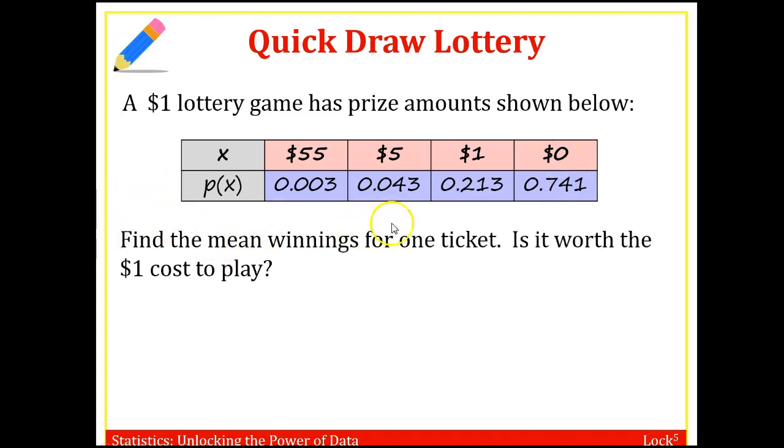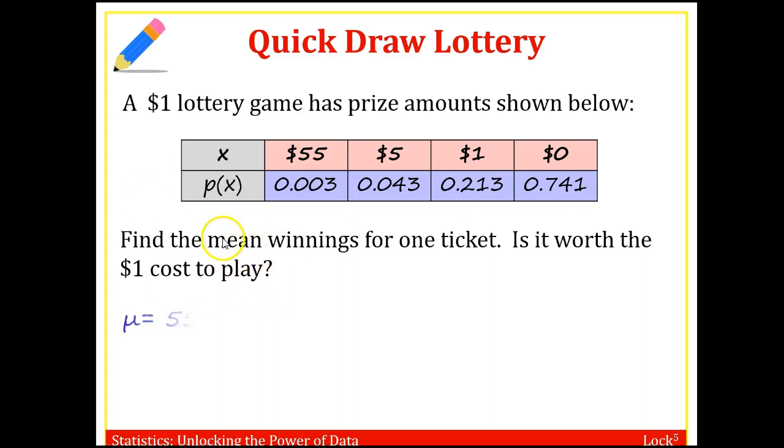So what would be the mean winnings for buying a ticket? If you were to buy one ticket over and over and over again, this mean, or average, means if you were to buy many, many, many tickets, what would you expect to win or lose per ticket?